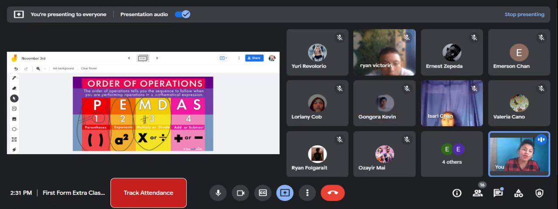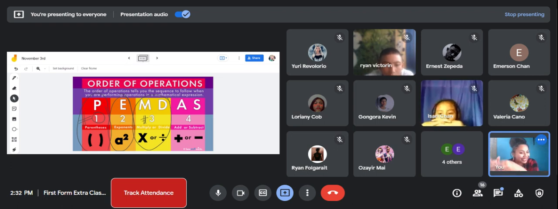And how do you know which way to go? Is it left to right or right to left? How do you read? If I tell you to read the sentence I have there, the order of operations, you start from that side and you move to the right. That is exactly how you start reading a math problem. You're not going to go from the tail and then to the head. No, you start from the same side where you start reading.